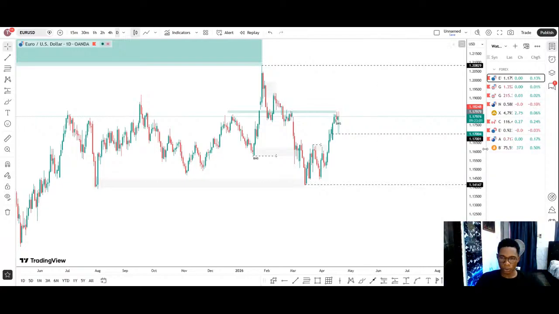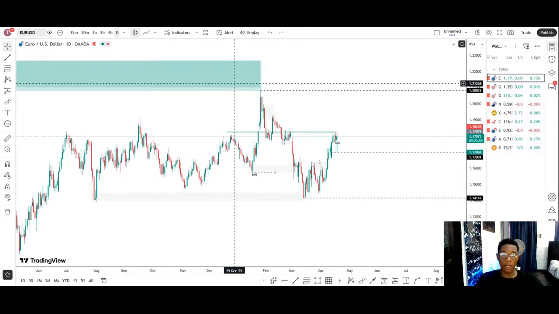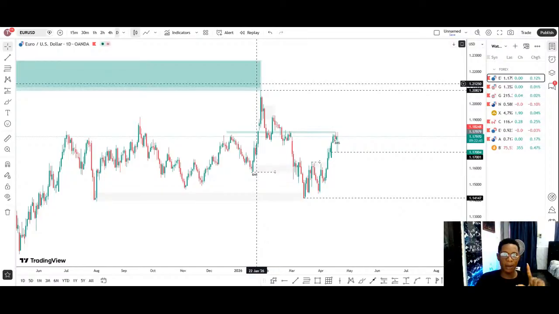So from this daily time frame, here is our monthly area of supply level. And looking at price, we can see that from this daily time frame, price has reacted up from our monthly area of supply level.